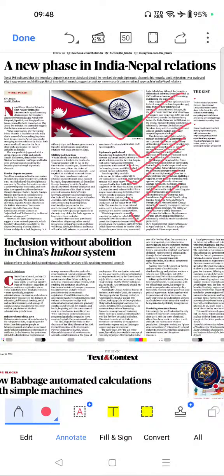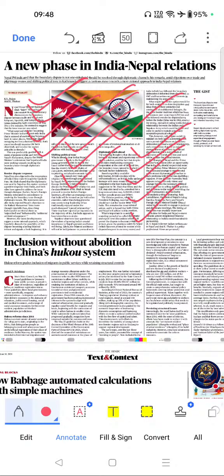Questions have appeared on India-Nepal relations, Kalapani dispute, open border system, neighborhood first policy, and South Asian diplomacy. Key themes related to this topic are Kalapani dispute, Lipulekh Pass, Limpiyadhura, neighborhood first policy, India-Nepal border, and open border system.